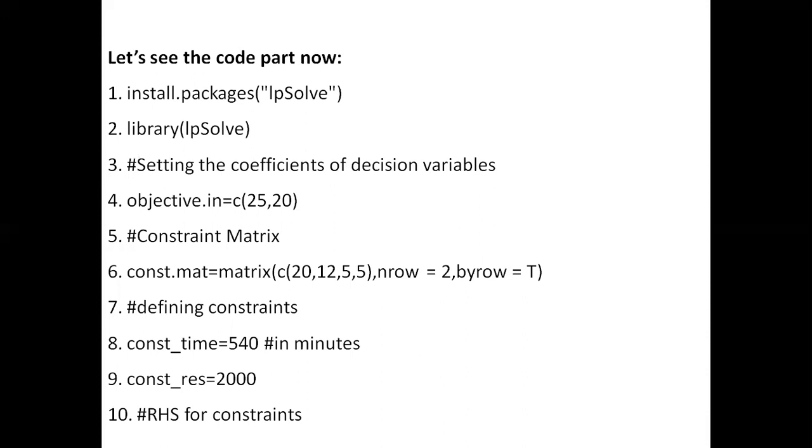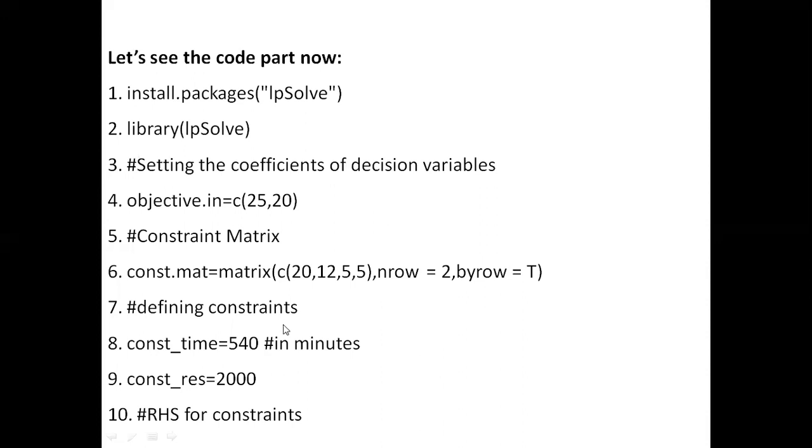After solving, the objective will have one constraint. Next, the constraint's mathematical relations matrix of the existing output with respect to 20 and 12, that is 20 in 5 minutes and 12 in 5 minutes.